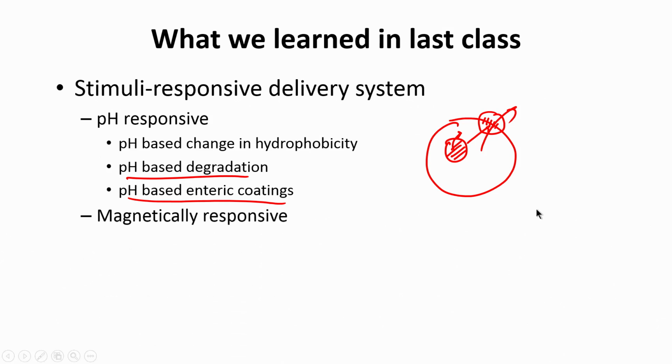And then we discussed two other innovative systems. One was magnetically responsive. In this case, they had encapsulated magnetic material in a particle, and this magnetic material responds to an external magnet.